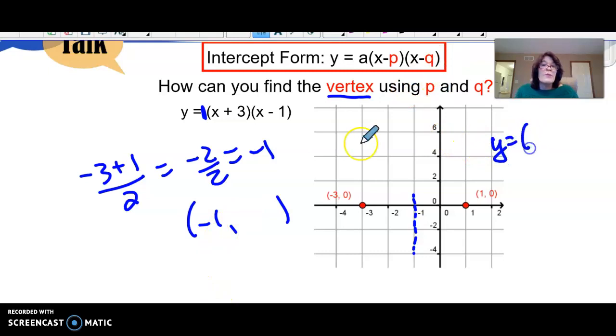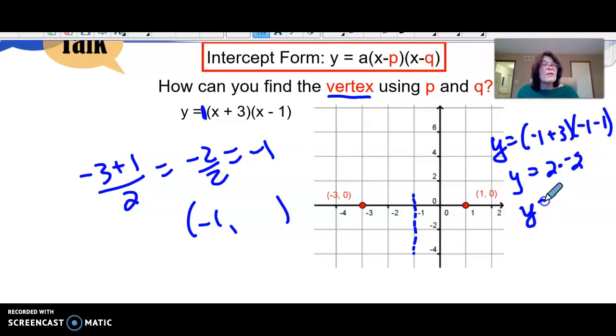Well, I'll put -1 in for x. -1 plus 3 times -1 minus 1. Everywhere there's an x, I put -1. -1 plus 3 is 2. -1 minus 1 is -2. 2 times -2 is -4. So -1, -4 is my vertex.